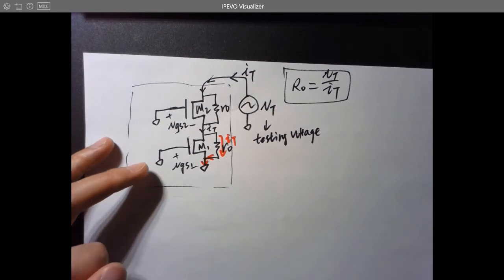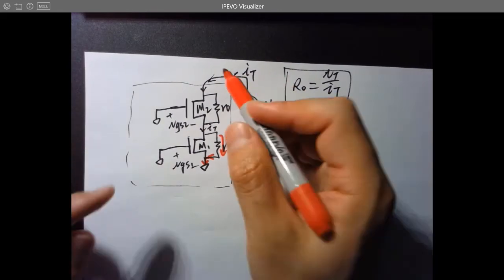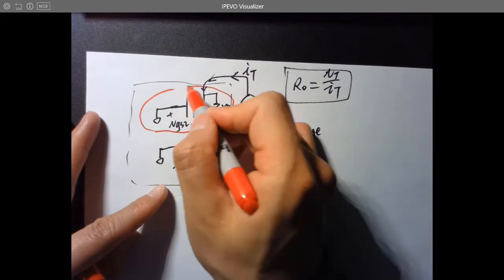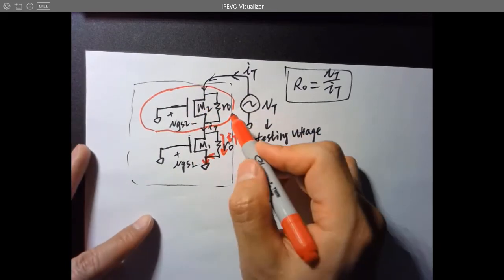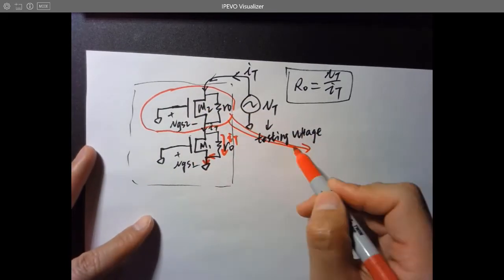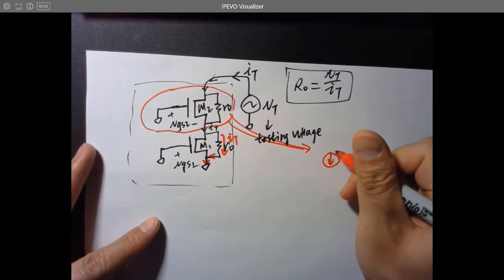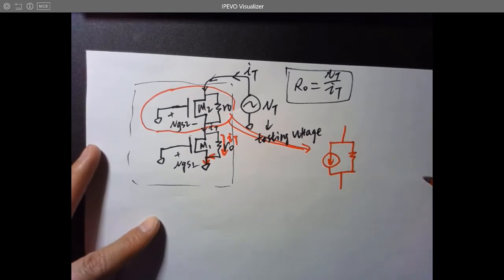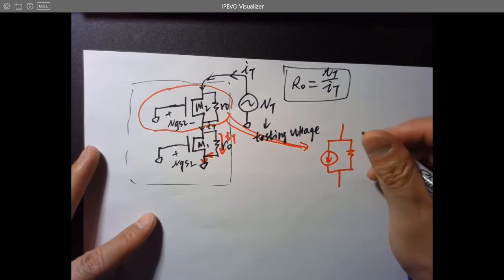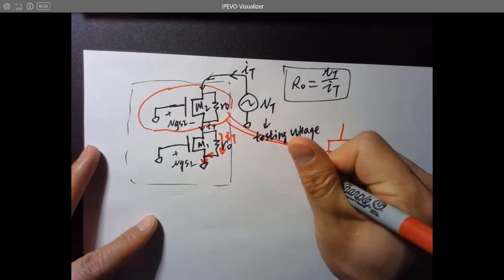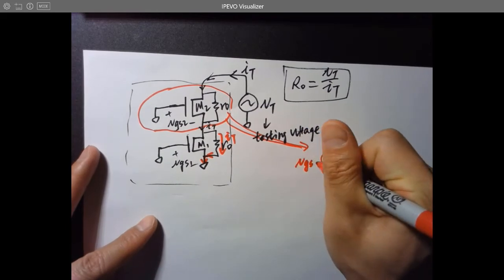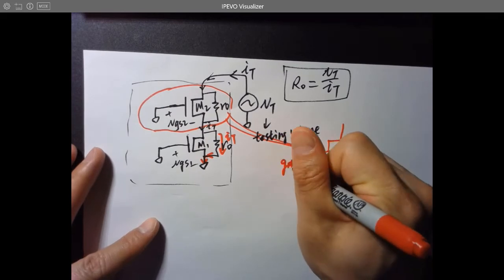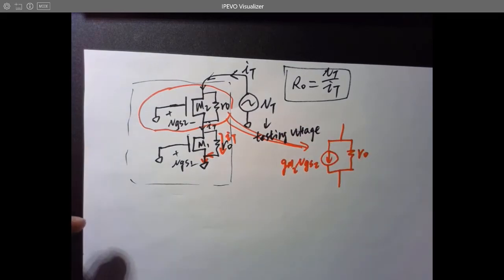Okay, so we can find out that this part, because there's an active component, which is the current source in there, so this part is equivalent to this, like what we just drew on the first page, right? This is GM VGS2, that's GM times VGS2.